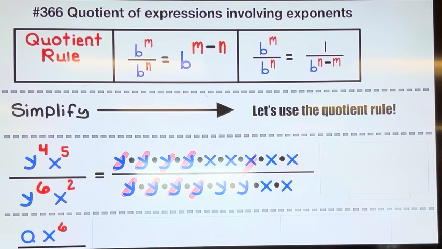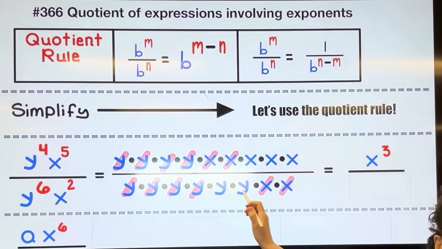Then moving on to the x's, I can have that x with this x with this x. And so all we have left is 1, 2, 3. We have x to the third power. And then we have y times y on the bottom, so we have y to the second power.